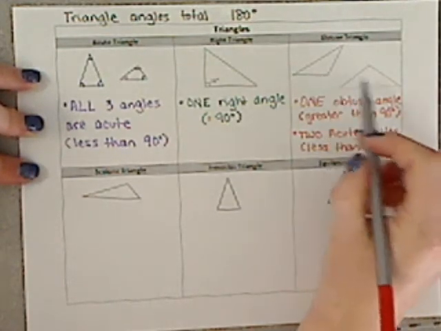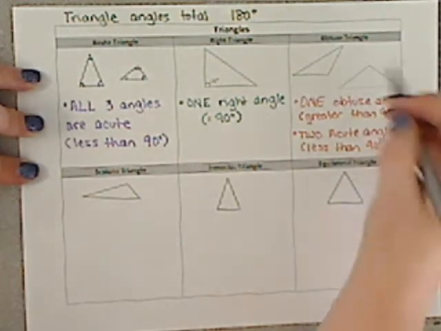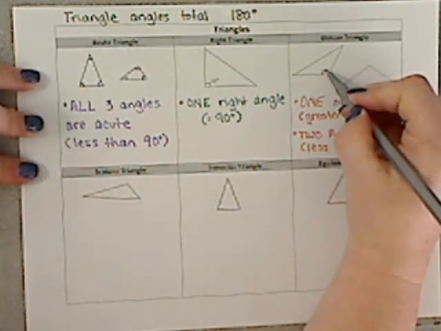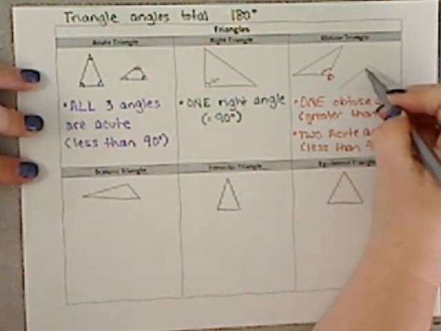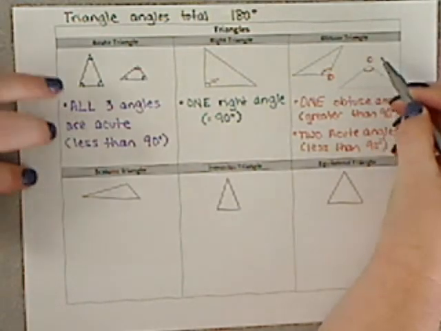Now, for instance, if we look at our two triangles here in our example, I can automatically tell that this is an obtuse angle and that this is an obtuse angle.